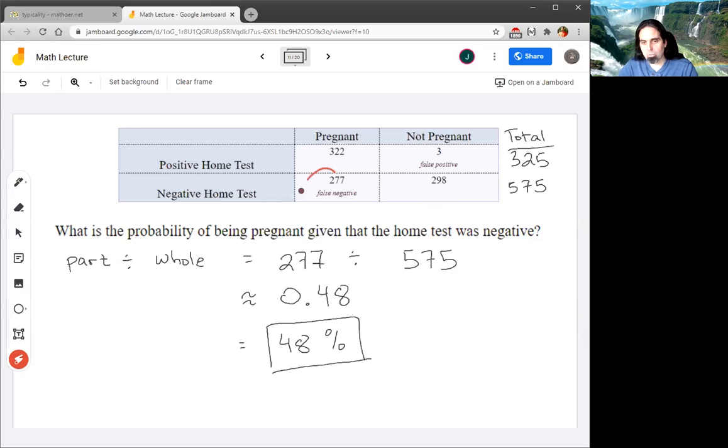So there's a whole lot of false negatives. If you get a negative result, it really doesn't tell you any better than a coin flip what's happening. And of course, since we're talking about something medical, this isn't actually true for any particular person.